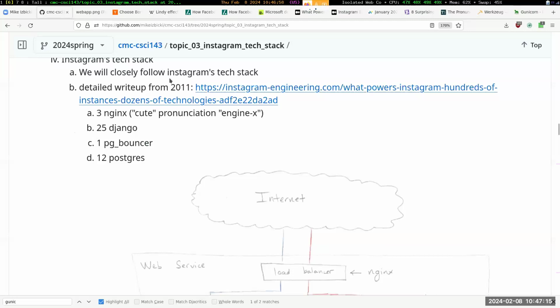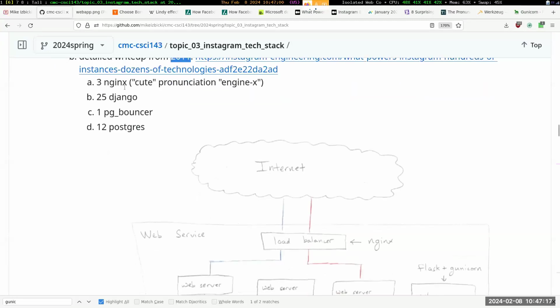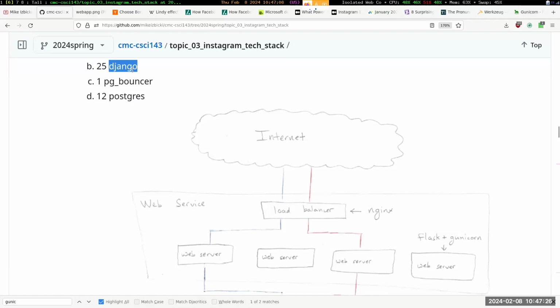On Instagram at the time in 2011, they had 3 of these Nginx load balancers running and 25 web servers running. They were using at the time this system called Django. It's still fairly popular today, although Flask, what we're using, is more popular at this point.